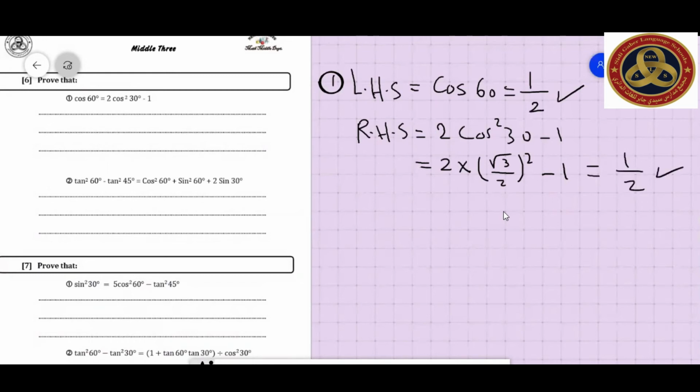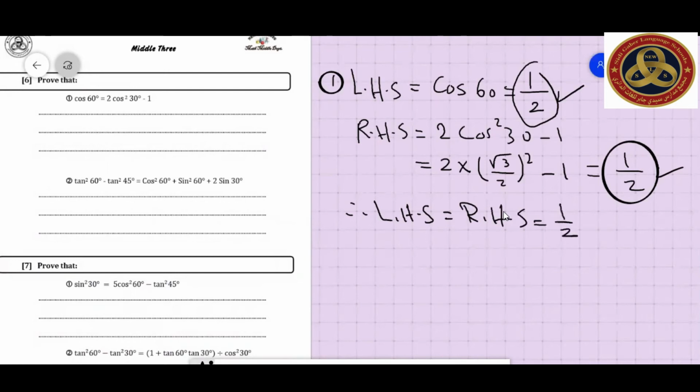So what we have now, the left hand side is half and the right hand side is half. Therefore the left hand side equals the right hand side. This is the way to prove any problem.